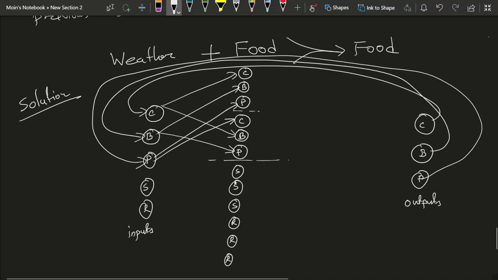And in that 6, 3 will be sunny and 3 will be rainy. Why? Because the food elements are 3. So we are trying to capture all the combinations of the food with the weather. So we can say that if the weather is sunny, then from S the values will go, and if the weather is rainy, the values will dive into this.